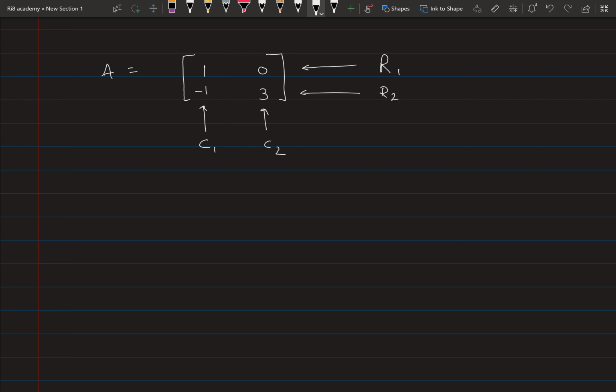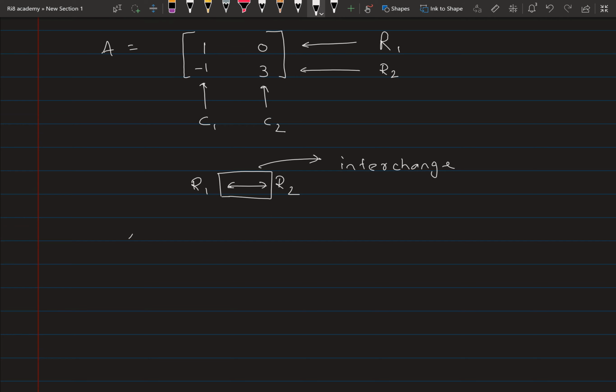Suppose I have the operation R1 interchange R2. What does it mean? The double-sided arrow indicates interchange. So what do we do for this operation?